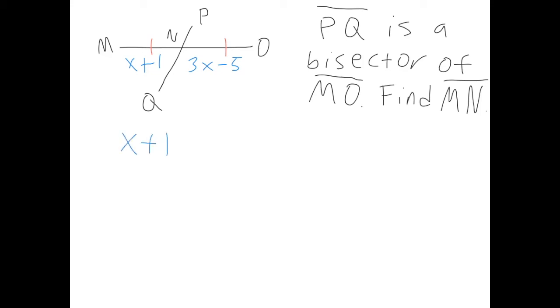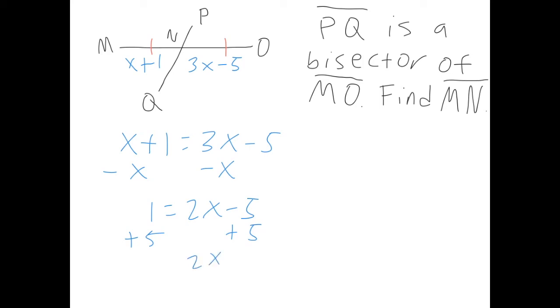X plus 1 equals 3x minus 5. And just like we did last time, subtract x from both sides, giving us 1 equals 2x minus 5. Then undo the subtraction to add 5 to both sides, where it gives us 2x equals 6.